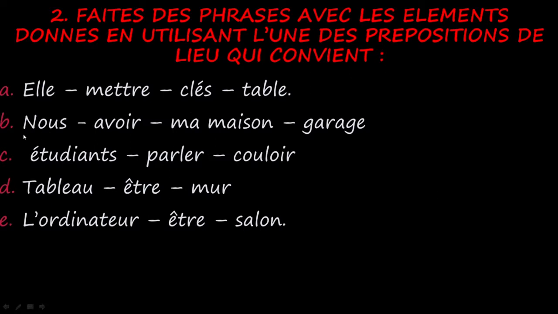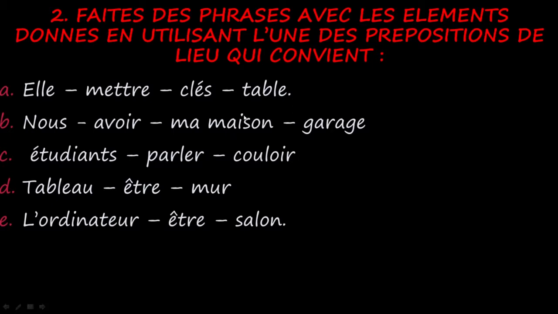Okay, so nous avoir ma maison garage. Actually this sentence was a bit confusing. We have my house garage. If ma maison were next to garage, then you could say we have a garage in our house, and that would be fine.